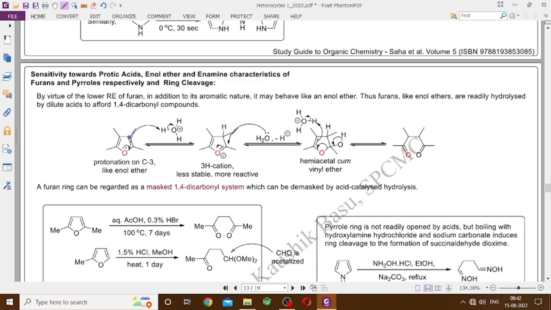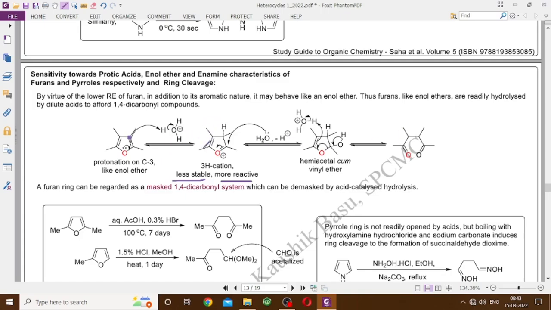The C3 protonation gives rise to a 3H cation which is less stable and more reactive. So you remember that when answering this question, you have to first protonate at C3. The normal tendency would be to protonate at C2 because that is the thermodynamically more stable cation, more stable conjugate acid, but that will not give you the desired product.